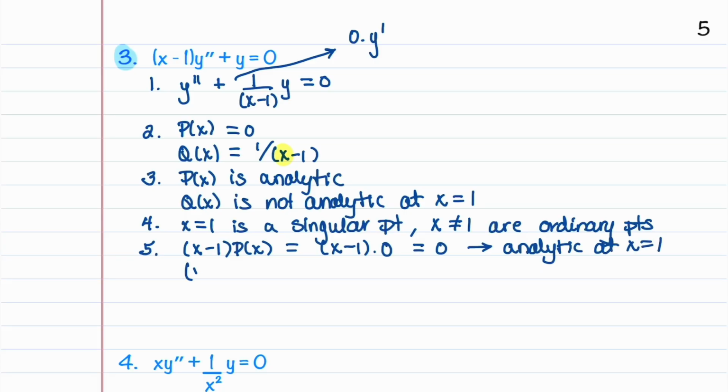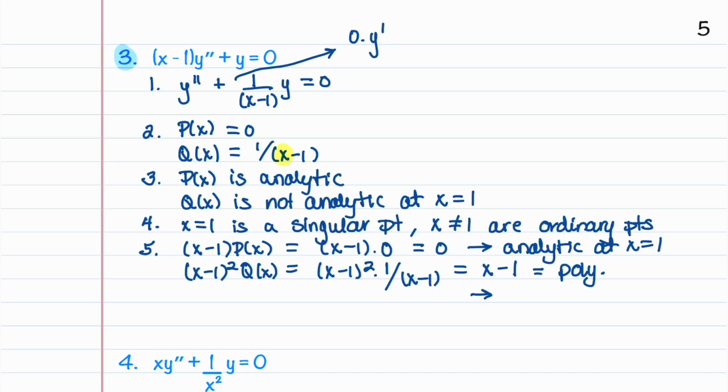Now let's look at x minus 1 quantity squared times q of x. This is x minus 1 squared times q of x, which is 1 over x minus 1. So this gives us x minus 1. This is a polynomial. So this function is also analytic at x is equal to 1.